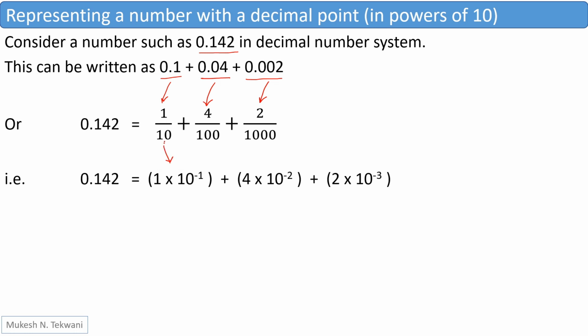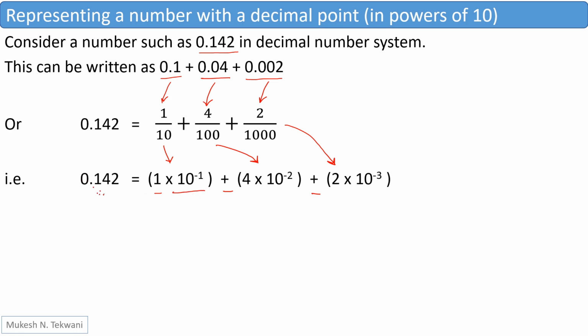When the 10 is taken up in the numerator, we have 1 into 10 raised to the power minus 1 plus 4 into 10 raised to minus 2 plus 2 into 10 raised to minus 3. So the important result here is that any number less than 1 can be written as a sum of the products of the digit and the appropriate multiplier of 10.